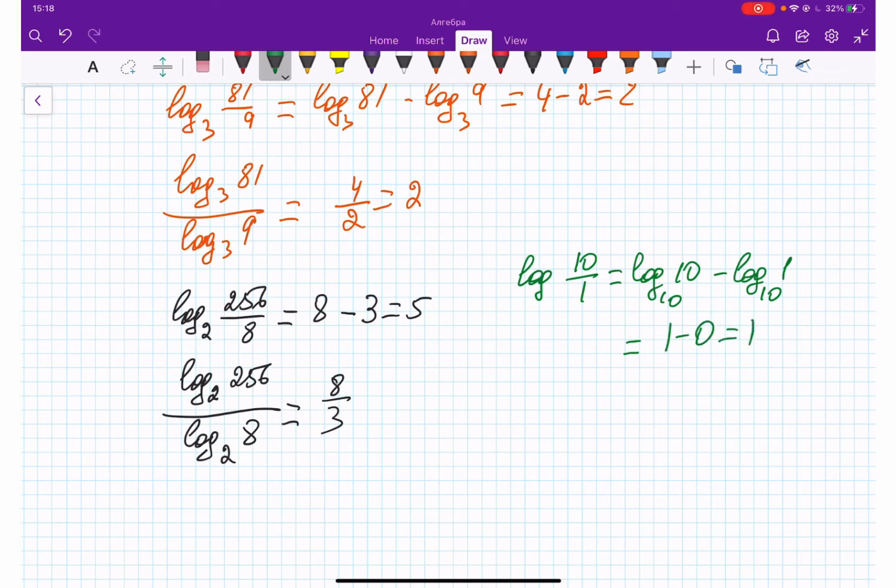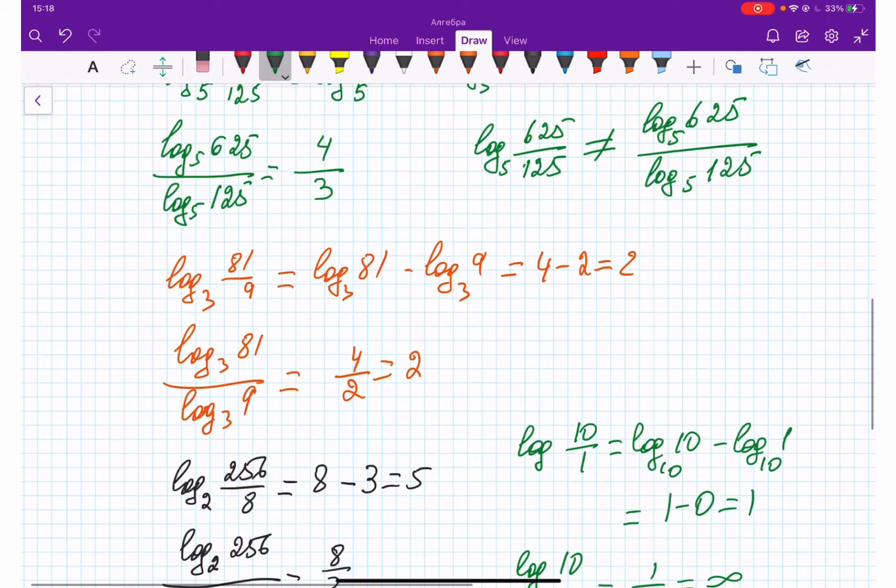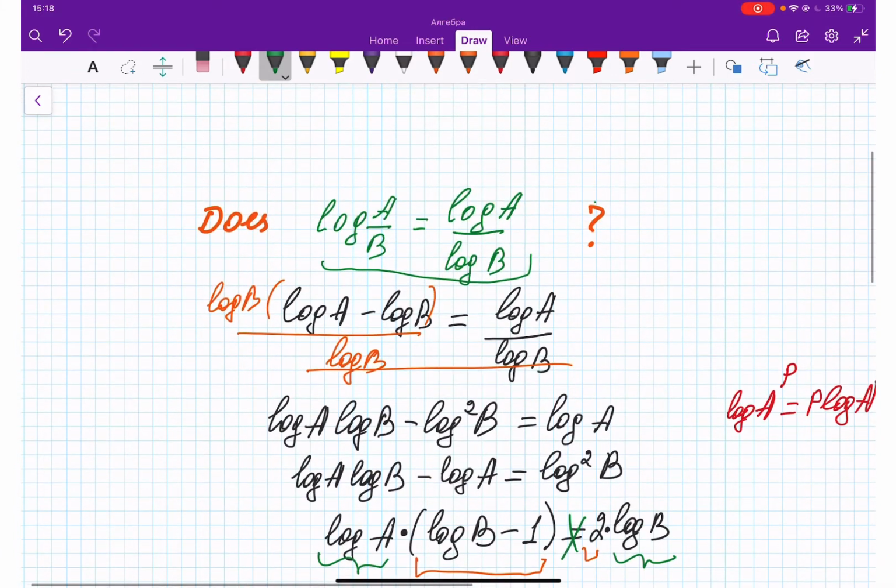Equal to 1. If we take log 10 by base 10 divided by log 1 by base 10, we are getting 1 over 0, which is infinity in calculus. So this formula is not valid.